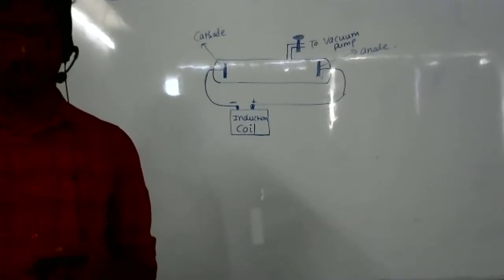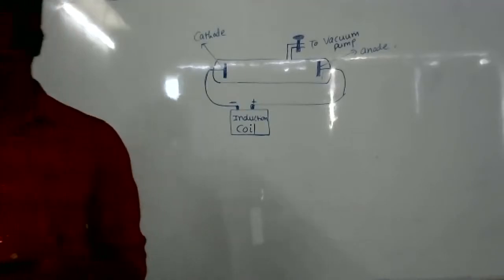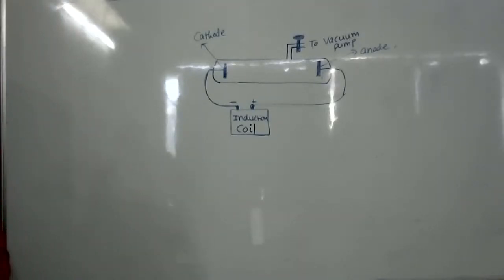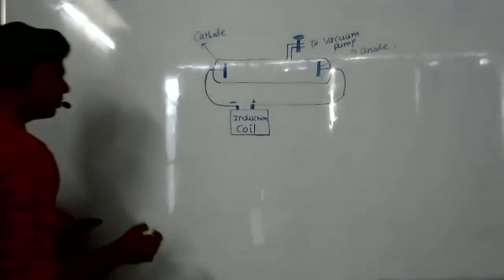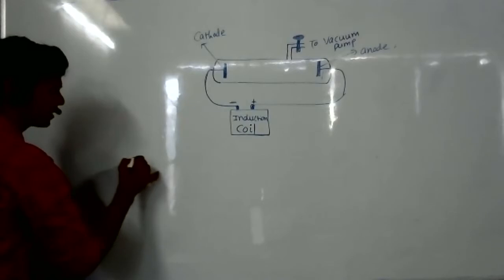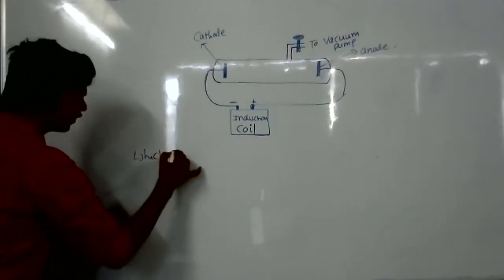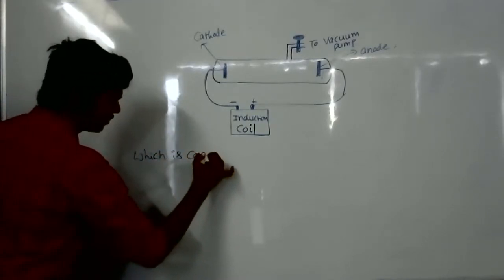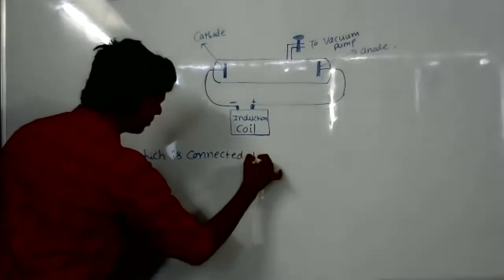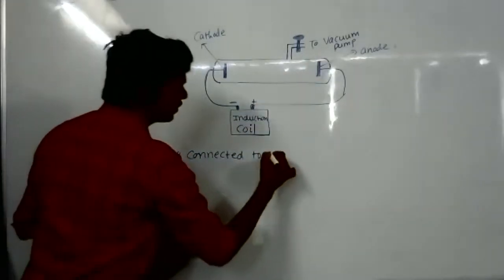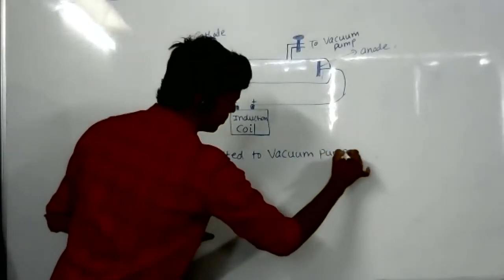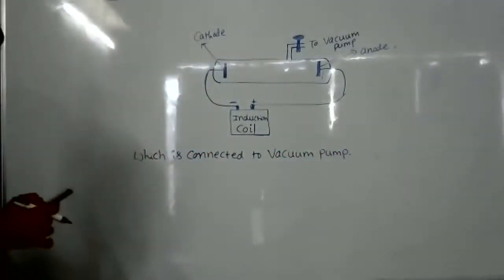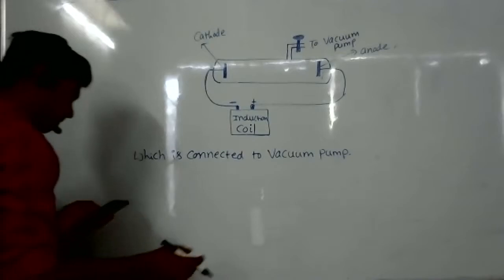Okay, then continuation point, right? So you have written the last point, fitted to or connected to a side tube, continuation, which is connected to vacuum pump. Then that one point completes. Next point.